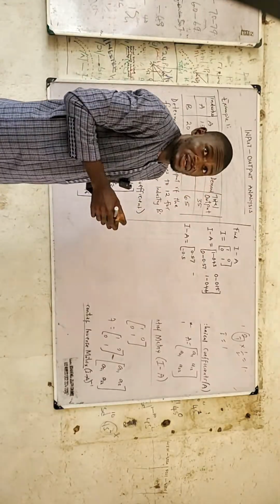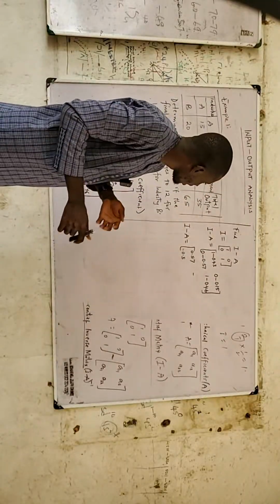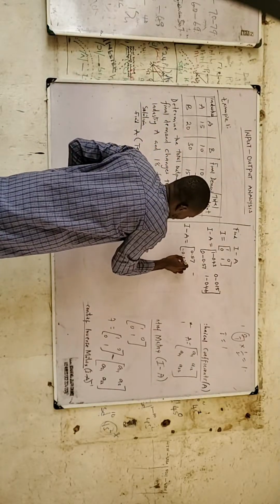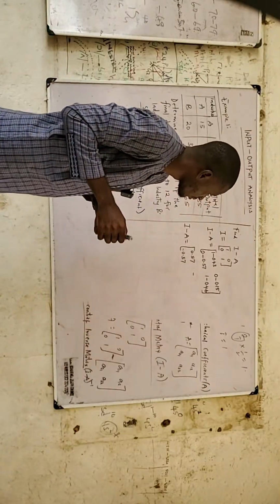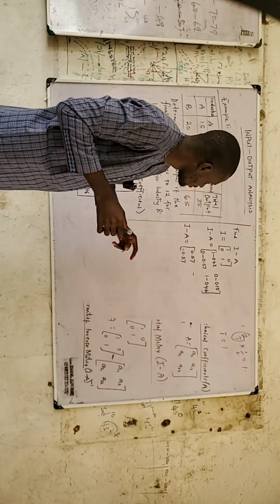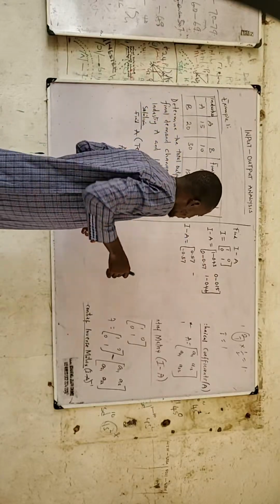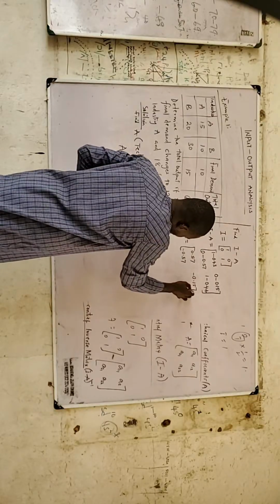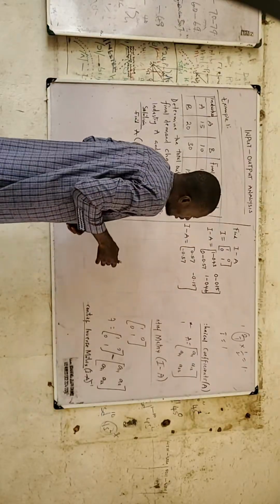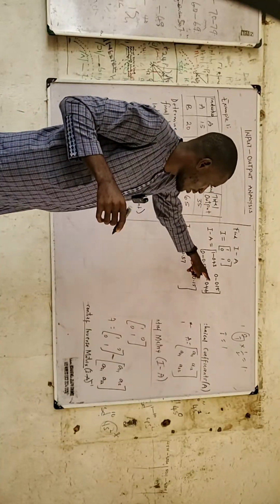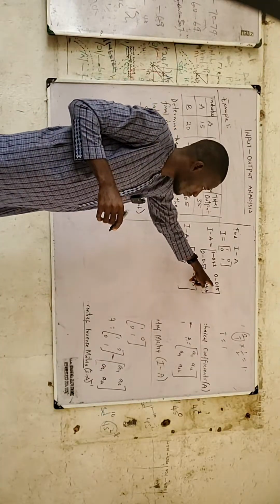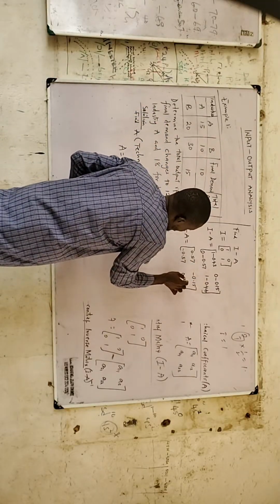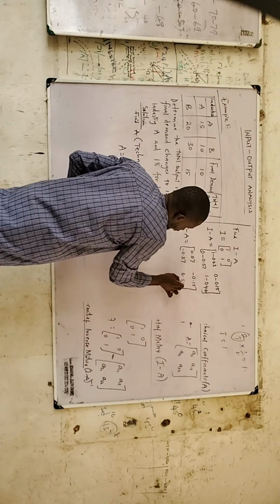The top is plus, and this one down is minus. That's how the answer comes. Then this one is minus 0.15, and this one is 0.54.